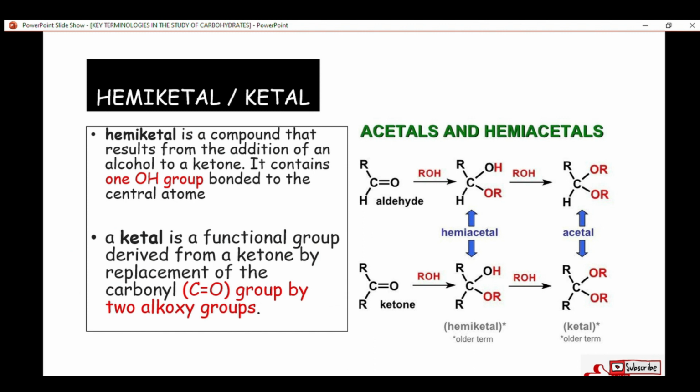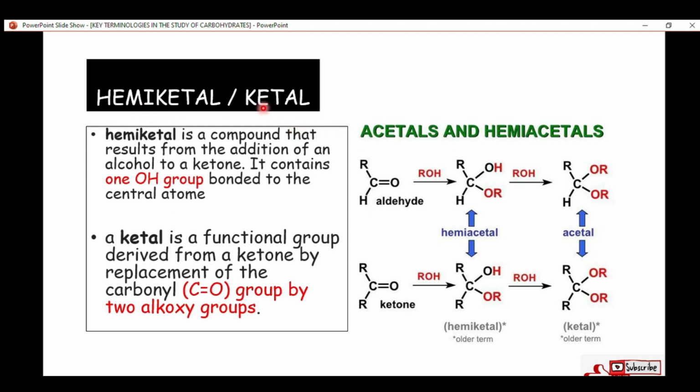So we are going to talk about a hemiketal and a ketal. As we said earlier for the hemiacetal and acetal, the hemiacetal is for aldehydes.